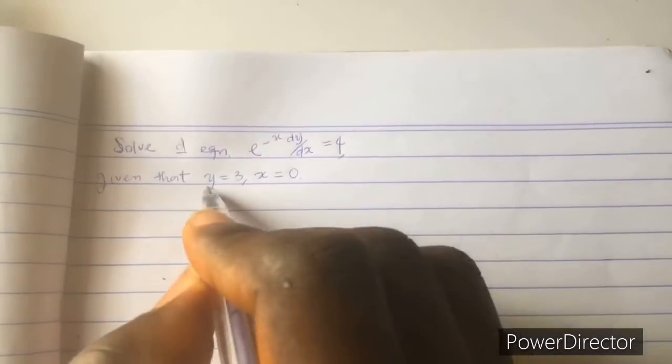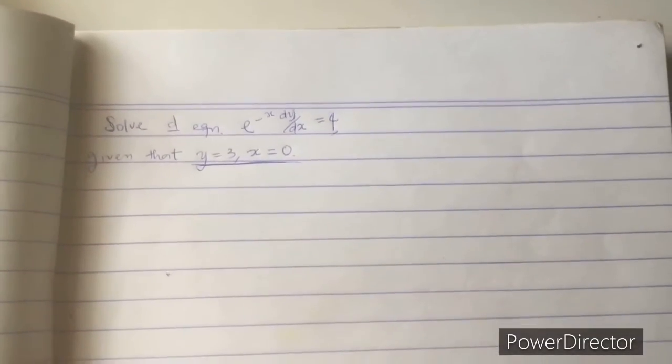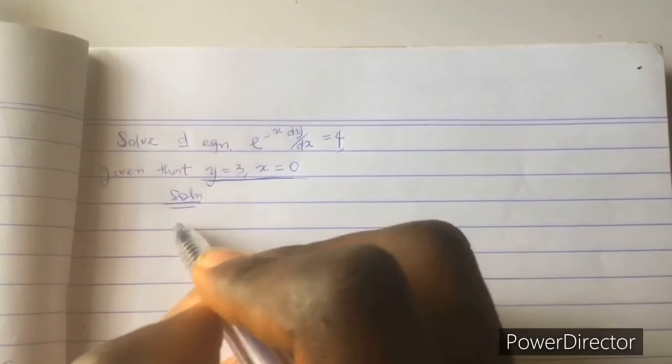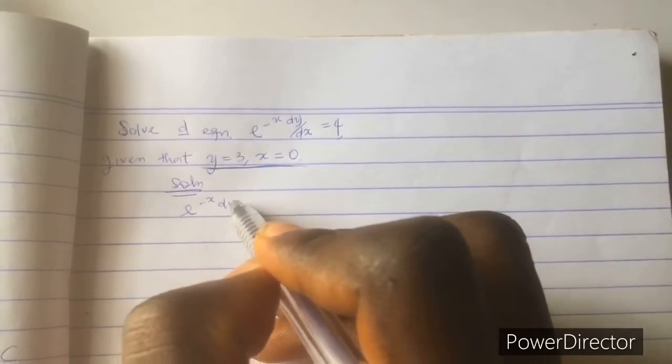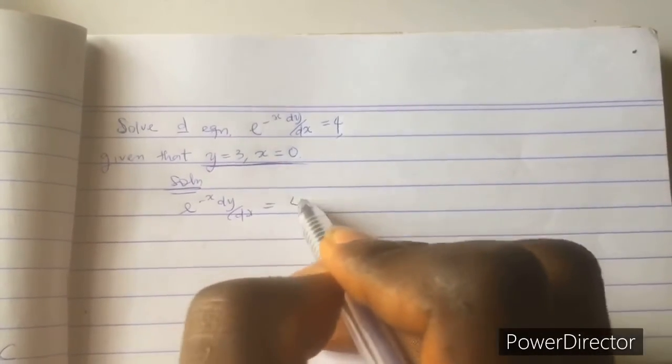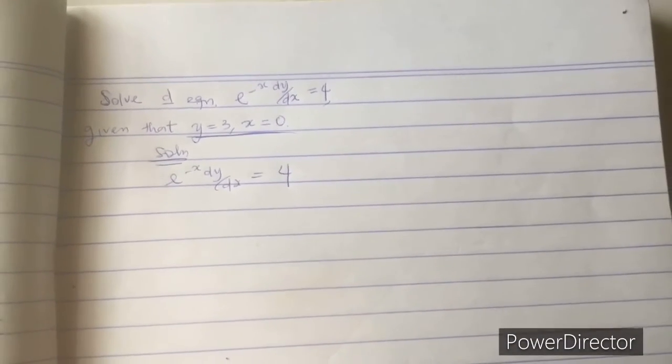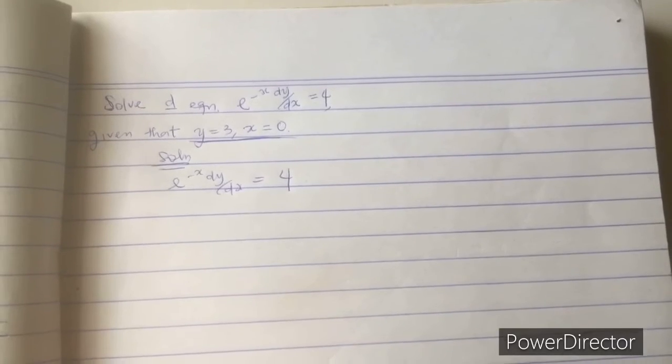These are called the initial conditions. Just note that the question says e to the minus x times dy/dx equals 4. We have to solve this given y equals 3 and x equals 0.